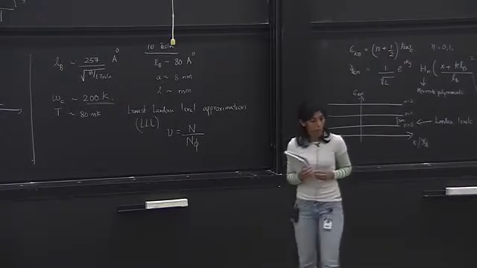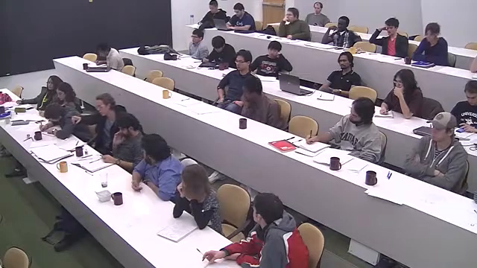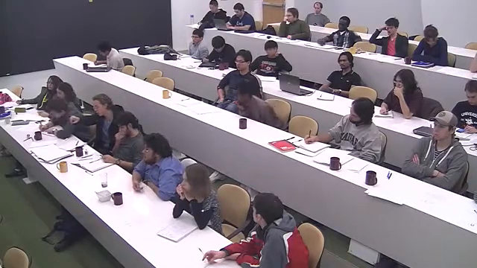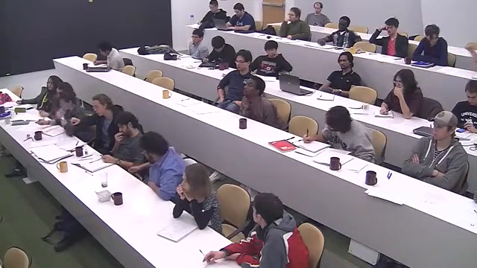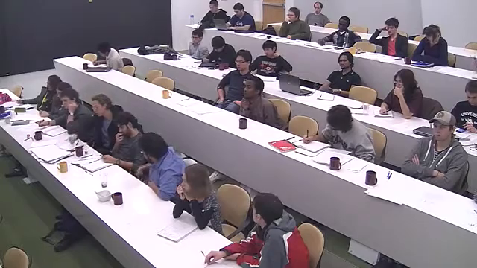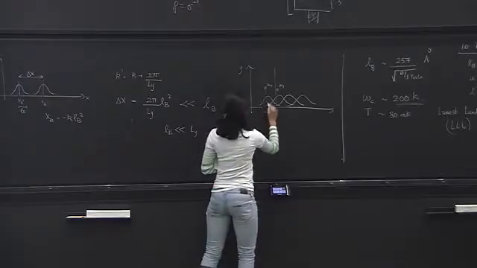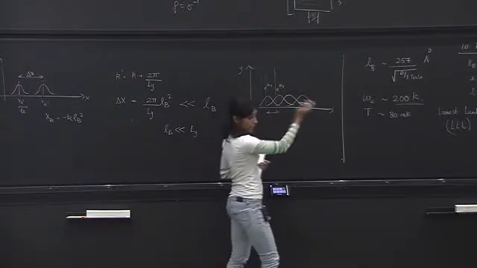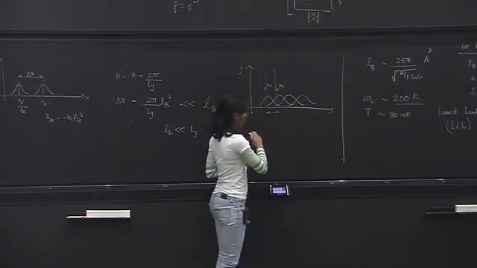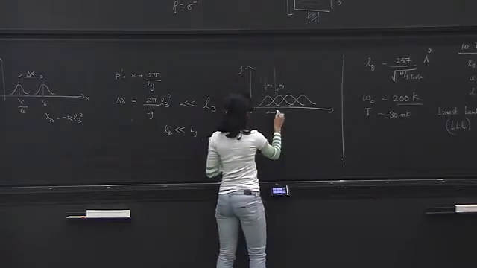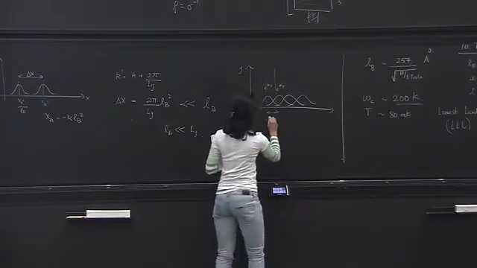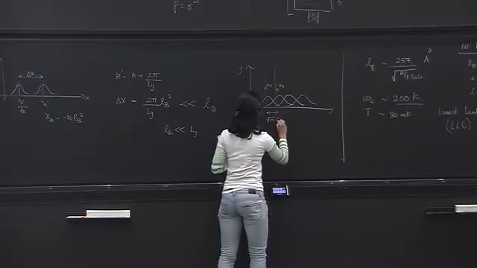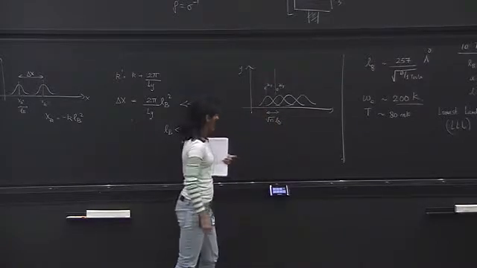Okay, yeah. Can you repeat what you said, that the right picture to have is that you have the overlapping wave functions? Okay. So the idea is that the width of each wave function is set by the Gaussian. Actually I can tell you that in any Landau level, it is square root n times LB.